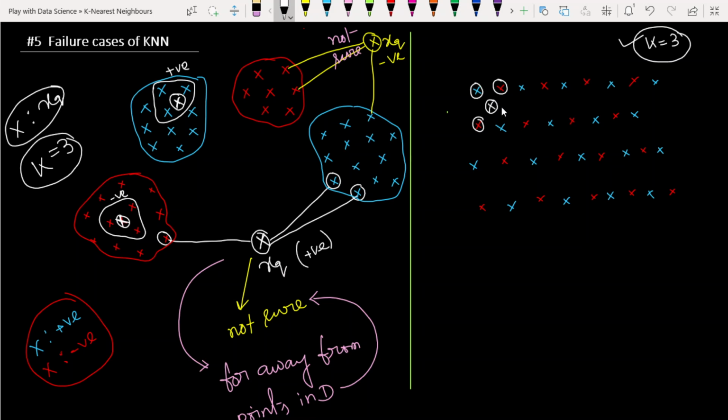According to this it will be negative, but it is not the correct one, because this data set is jumbled, with various kinds of randomness, a jumbled set of positive and negative points. From this kind of data set we do not get any useful information, so we cannot conclude whether this point is positive or negative. Here also we are not sure about the data.